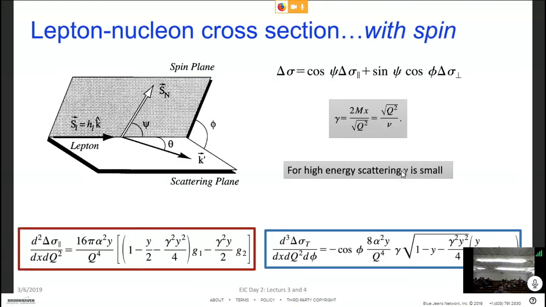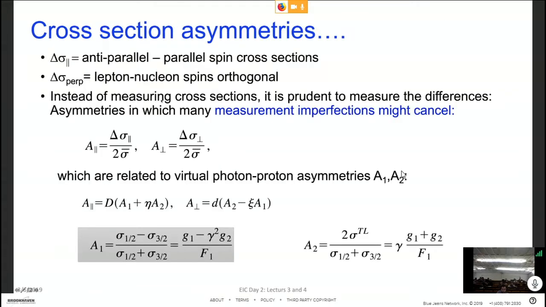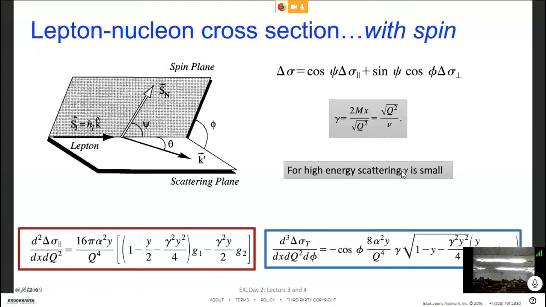So once you put spin into this, what you have is a slightly more complicated figure. The lepton is coming with a momentum from the left, as is shown in the dark arrow.